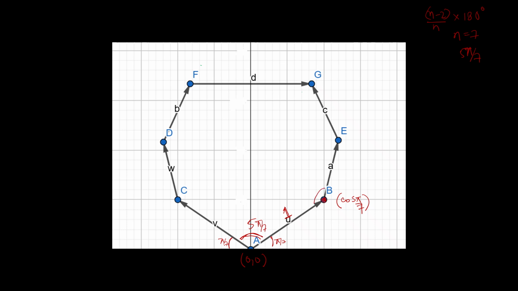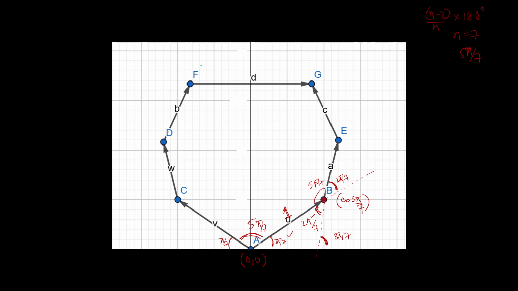Now this angle is also 5 pi by 7, right? Extending this line, I get this angle to be 2 pi by 7 because this whole should add up to pi. If this is 2 pi by 7, extending this to touch the x-axis, I get the angle of line BE from the x-axis to be the sum of these two angles, which is nothing but 3 pi by 7, as this is 2 pi by 7, right?